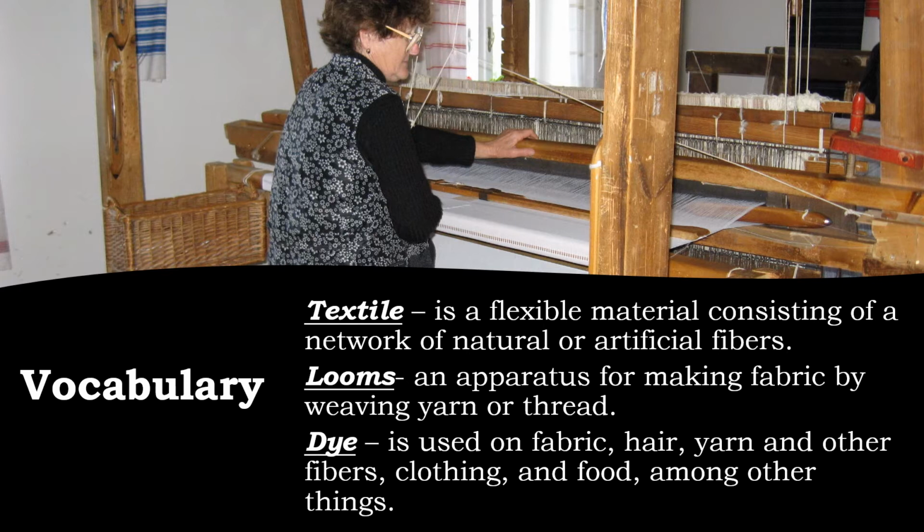Textile is a flexible material consisting of a network of natural or artificial fibers. Looms, an apparatus for making fabric by weaving yarn or thread. Dye is used on fabric, hair, yarn, and other fibers, clothing, and food, among other things.